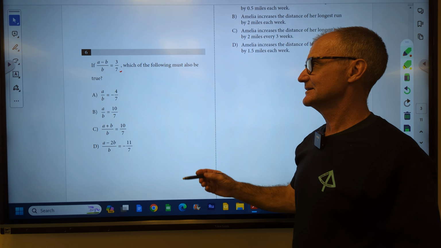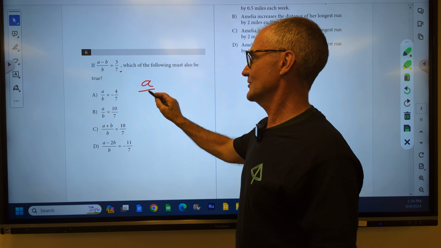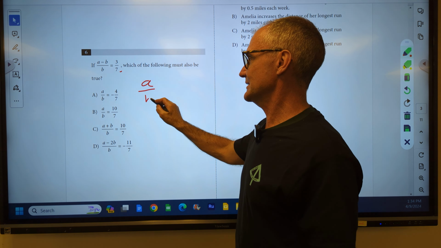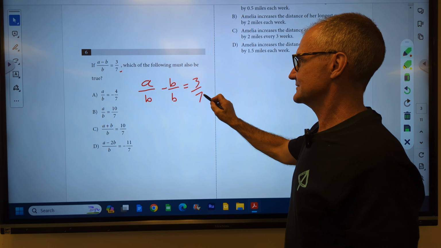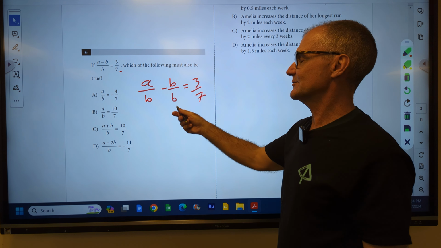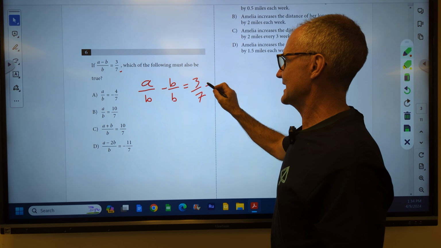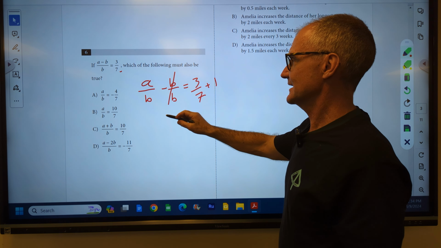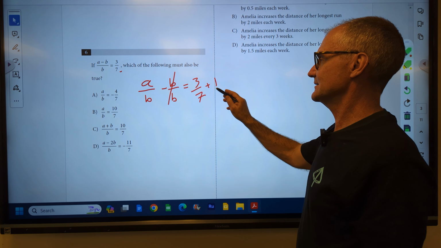Another way to do it is split that fraction up to say a over b minus b over b, right? Common denominator, that's a minus b over b, is equal to 3/7. Well, b over b is 1. So if this is minus 1, I could just add 1 to both sides and get a over b is equal to 3/7 plus 1.